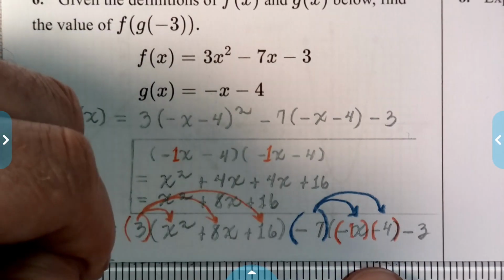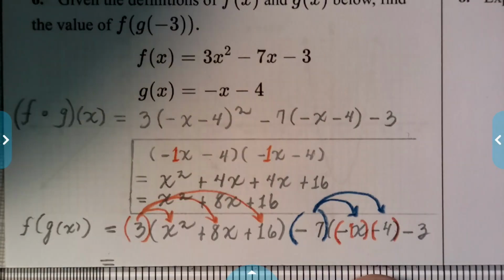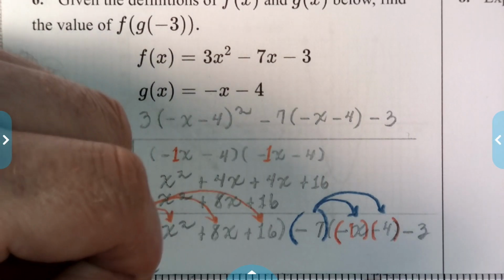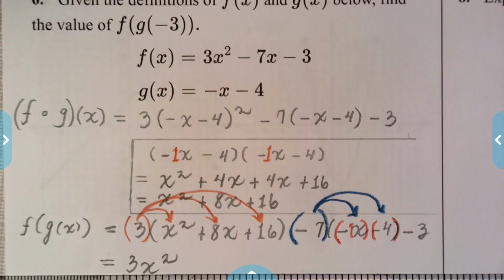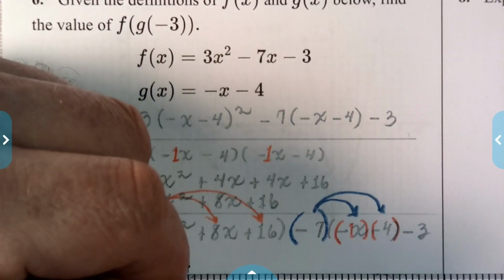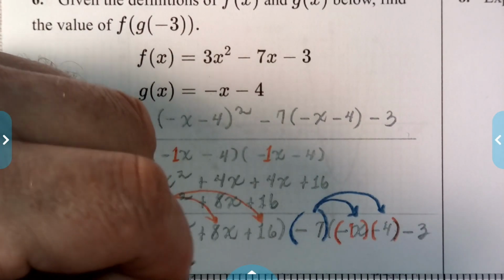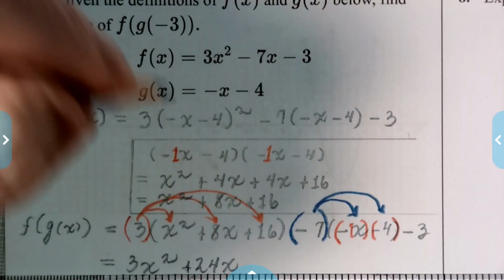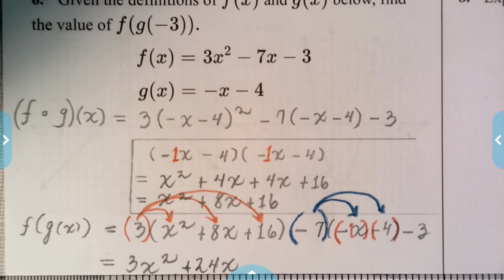So we have equals, well, 3 times x squared is 3x squared. 3 times 8x is plus 24x. And 3 times 16 is plus 48.